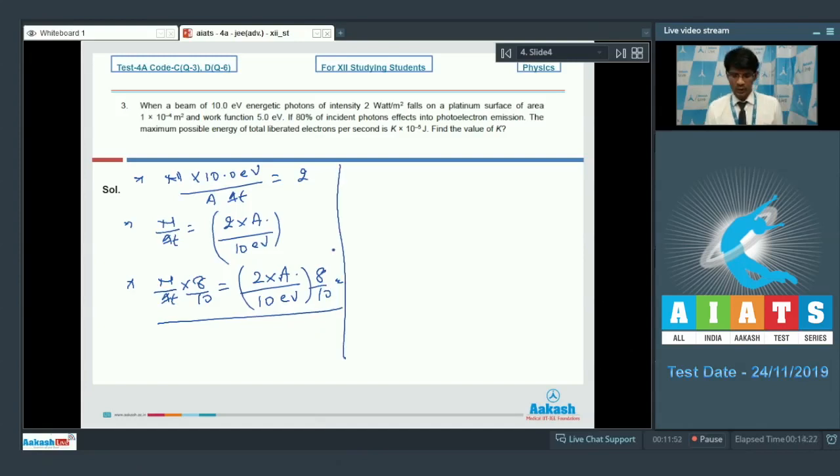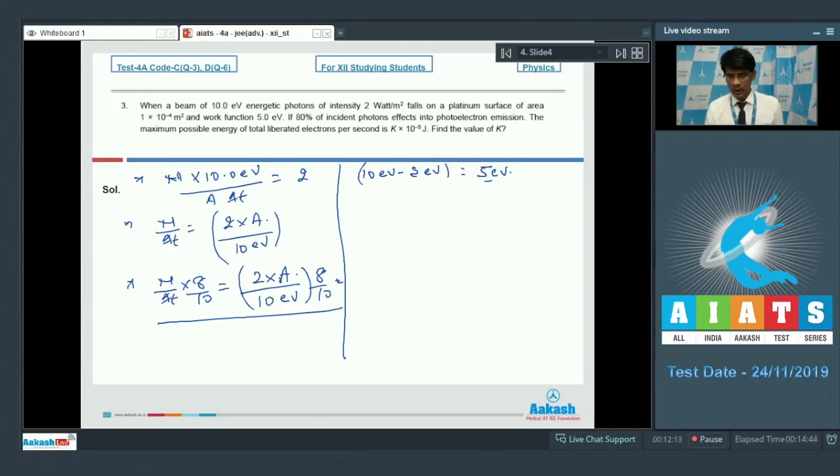Now for further calculation, we need to find the maximum possible energy of total liberated electrons per second. The one electron shall have 10 electron volt minus 5 electron volt of energy. That means 5 electron volt of energy. That is the maximum possible energy here. So this much of the photoelectrons will be emitted from the surface.